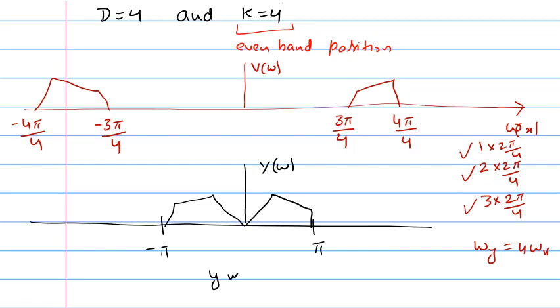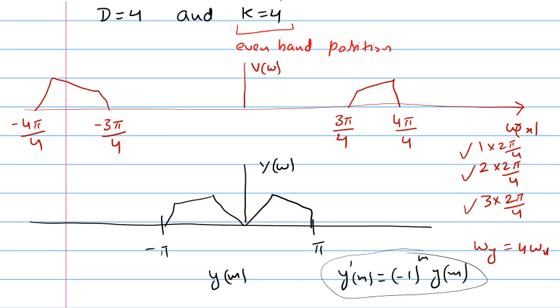The output of the downsampling was this, so you can further process it: y prime m will be equal to minus 1 to the power m times y m. I'm not going to explain that part, but you can easily undo the inversion by this simple process. So that's the thing about the downsampling.